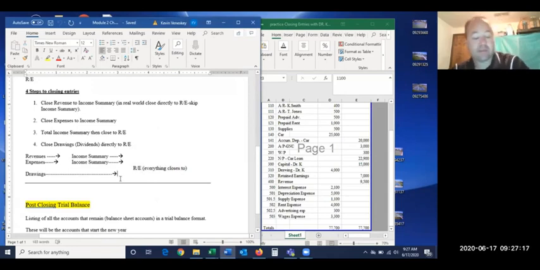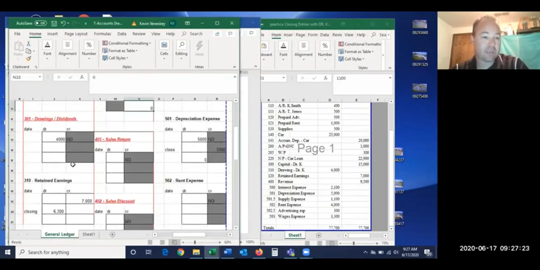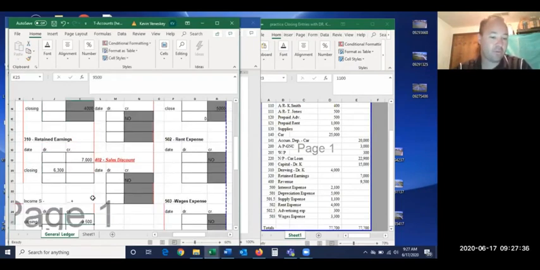So my retained earnings, well, let's first look at our drawings. My drawings, I took out 4,000 throughout the year. So to get rid of that, I need to credit the 4,000. And if I credited the 4,000, that means I need to come over to retained earnings and debit the 4,000.